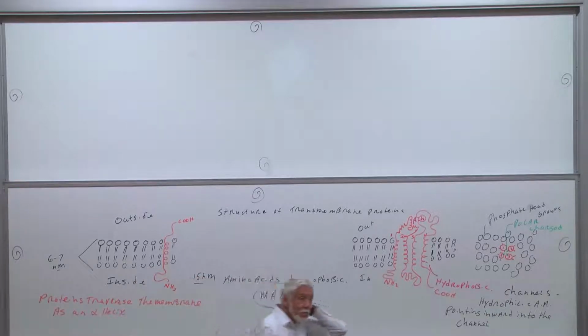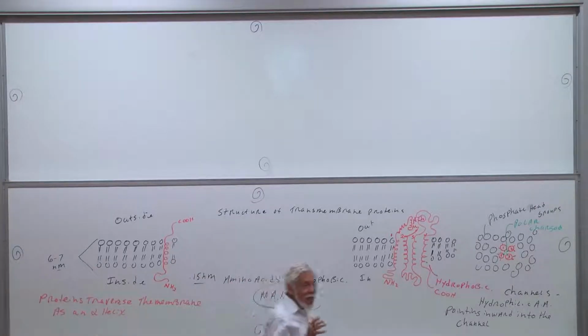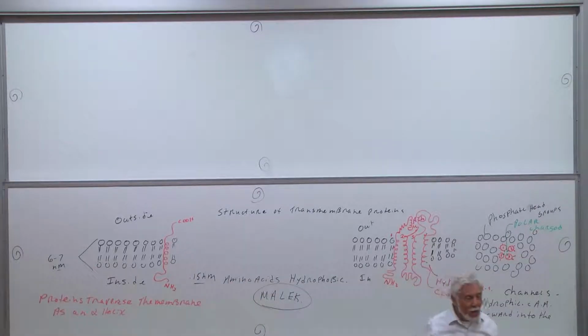Yes? Beta barrels across, or is that just not relevant? So the beta barrel question. This is one that comes up typically at this point. Yes, you can do this with beta barrels. It turns out the only creatures that do beta barrels are prokaryotes, and they tend to do this in their outer membranes when they have double membranes. You find some beta barrels apparently in chloroplasts and in mitochondria as well.